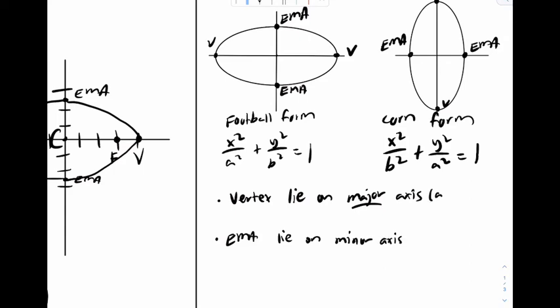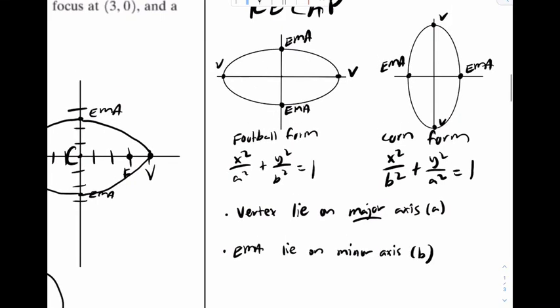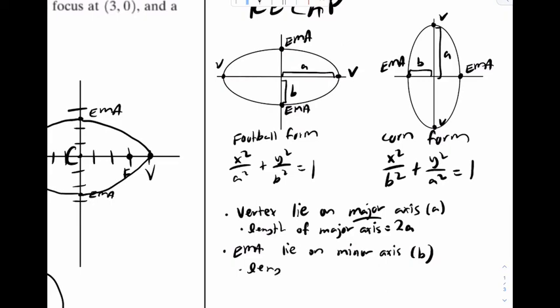I'm going to put in parentheses A and B. So I'm going to note here, right, this distance is A, that's B. This distance is A, B. This means the length of the major axis equals 2A, because obviously A plus A would be 2A, which then means the length of the minor axis would be 2B.